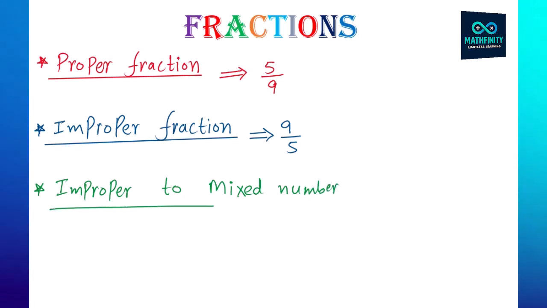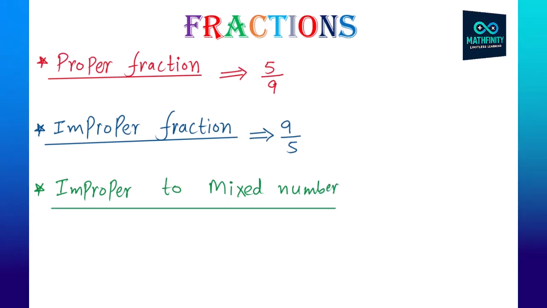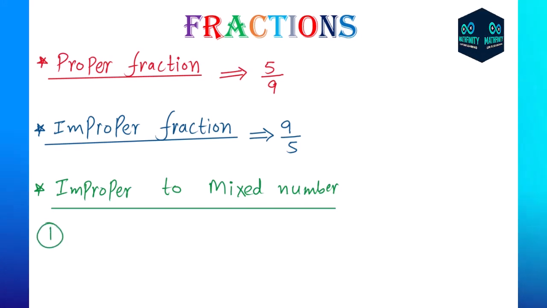We must have an idea about this one. Improper fraction to mixed number. I will give you two examples, like 9 over 5. We will take this example. This is improper fraction and we need to convert this into mixed number.